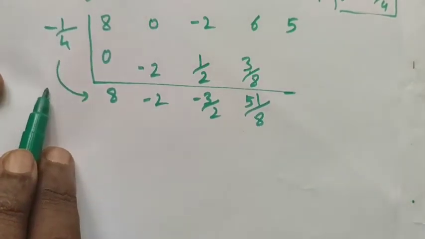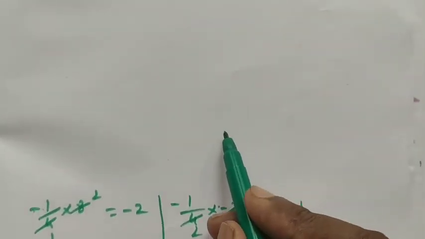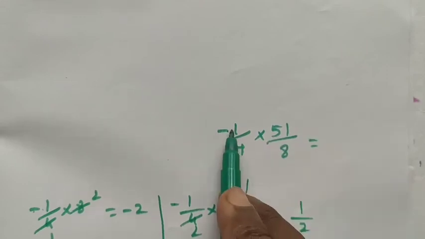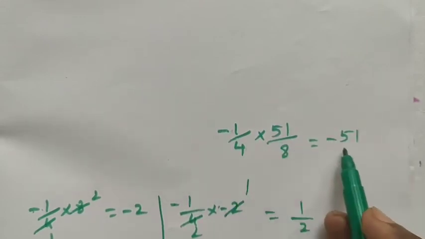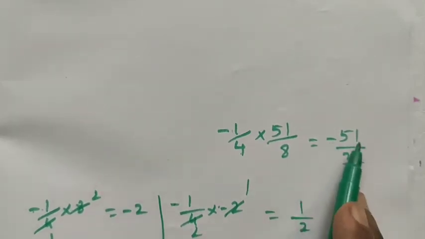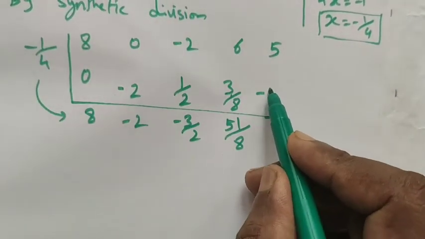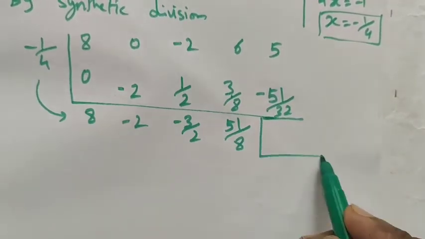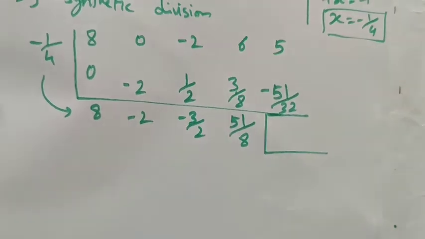Now again you have to multiply this term with 51 by 8. So we have minus 1 by 4 into 51 divided by 8, minus 51. 1 51 is 51. 4 8s are 32. So minus 51 divided by 32. Here we have the value minus 51 divided by 32. Now we want to subtract this term.